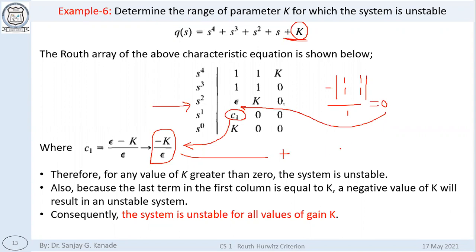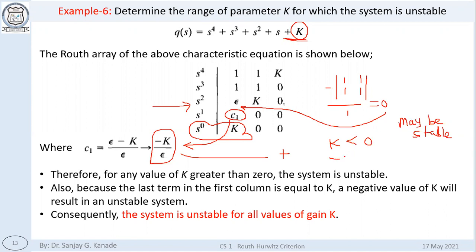So if k is less than 0, the system may be stable. I am not saying it is stable, maybe. Why am I saying maybe? Because there is this last row also where there is this value k, and in this case there is only k.